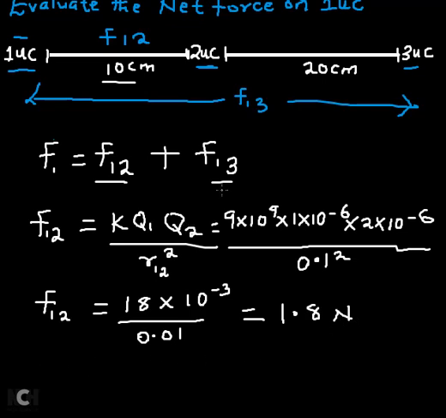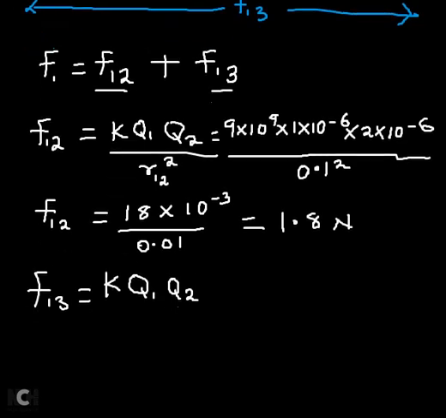Then let's get our F13. You know very well that F13 is going to be K Q1 Q3 divided by R13 squared. So let's put in those values.